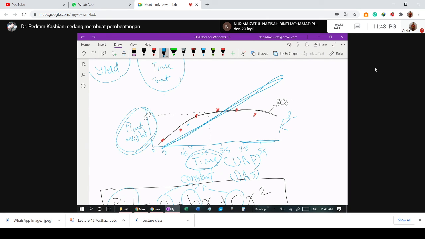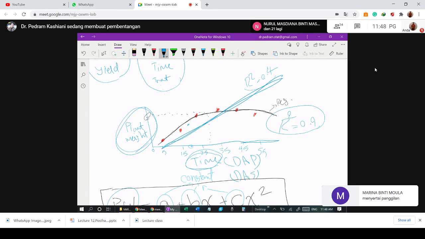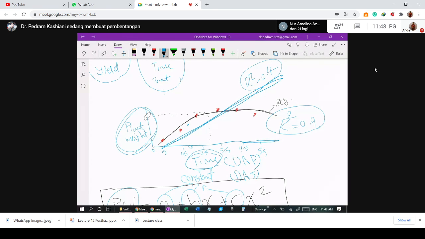Higher R square is better. For example, for this one, R square is 0.9. For this one, R square is 0.4. So, meaning to say, this one is 90% near to real. This one is 40% near to real. So then you understand, okay, this is my regression line.